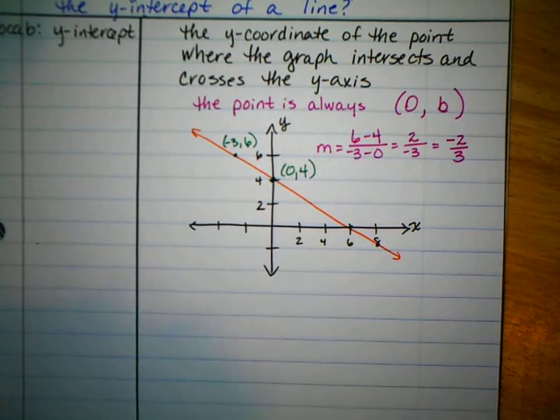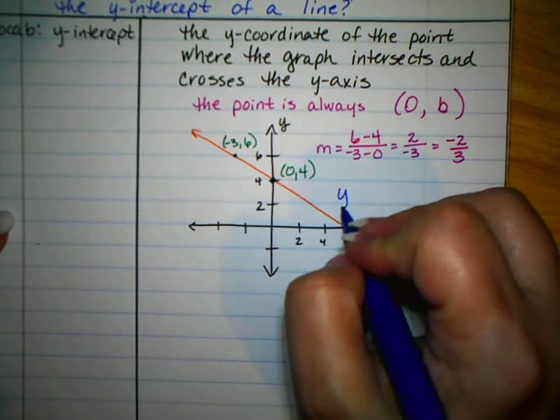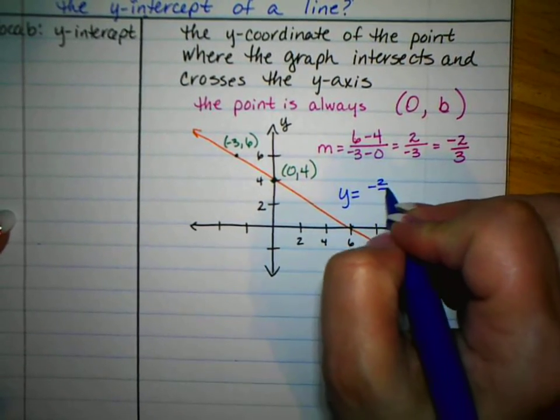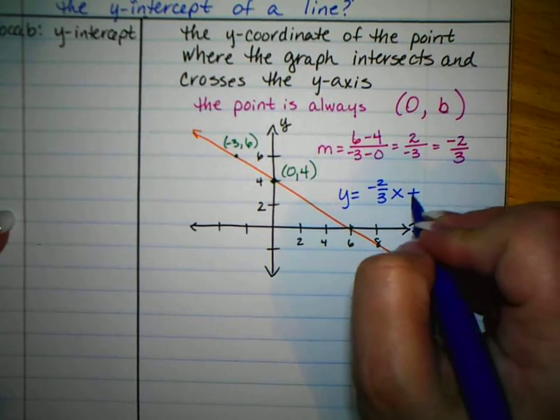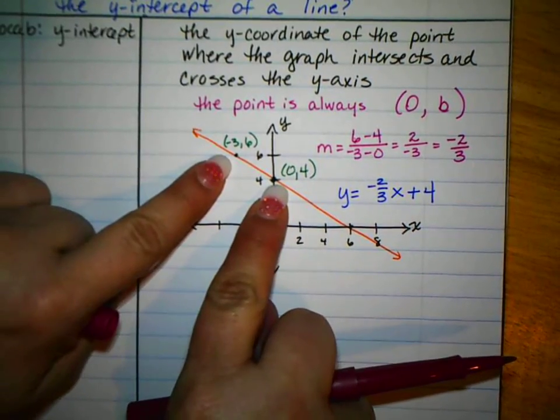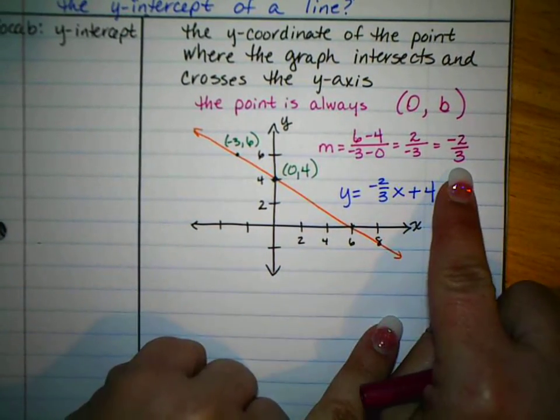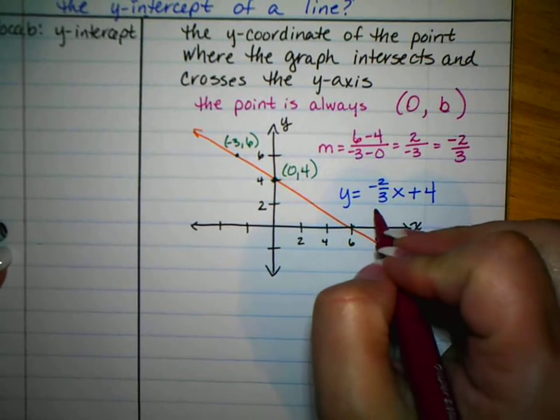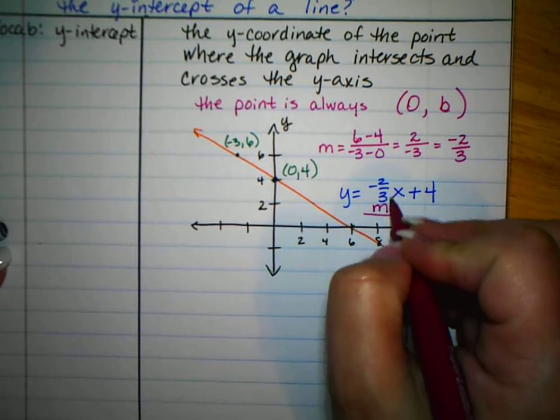We were given the equation y equals negative 2/3 x plus 4. We just used 2 points from this line to prove the slope. This is my slope right there.